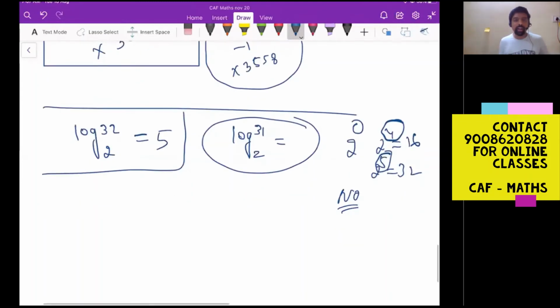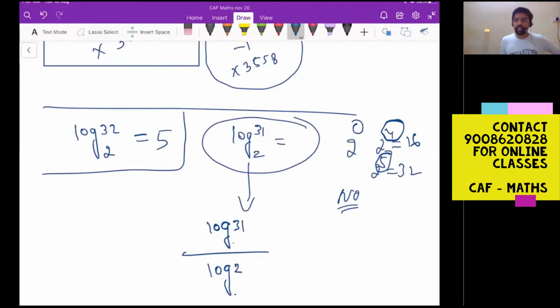Okay. Now log 31 to the base 2. To find out this value, the first and foremost step is to convert this into common logarithms. Log 31 divided by log 2. What will be the base now? 10. If you don't write anything, by default the base will be 10 here.